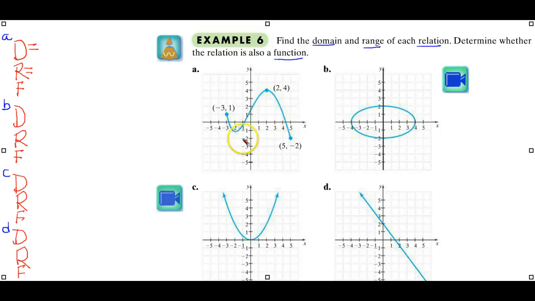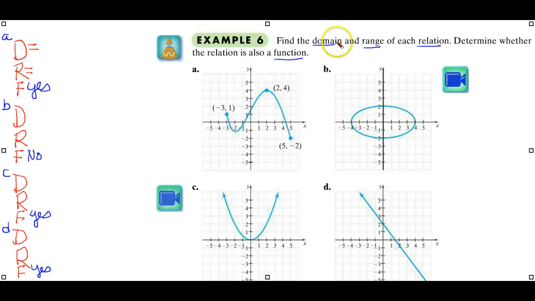For A, it passes the vertical line test, so yes. Now B doesn't pass the vertical line test, so it's not a function. C passes the vertical line test, and D passes the vertical line test.